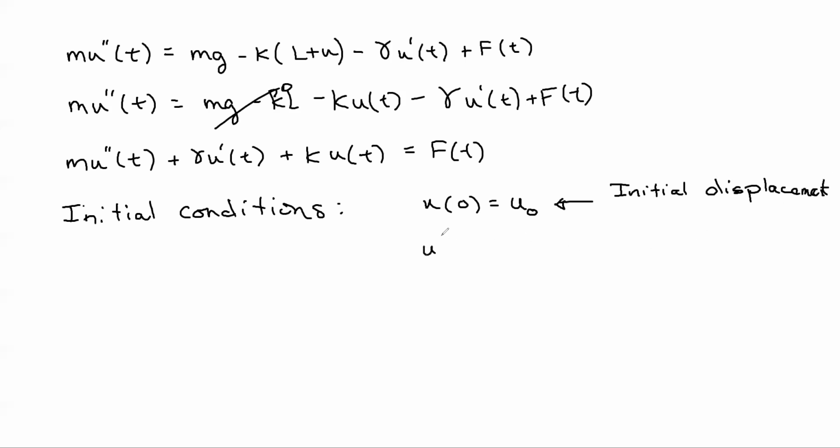Okay, and then U prime of 0 could equal V0. This is the initial velocity, right? So you could take the spring and it could start at equilibrium and you could push it upward or you could pull it downward just as the system is starting, and so you could have an initial motion on the mass.